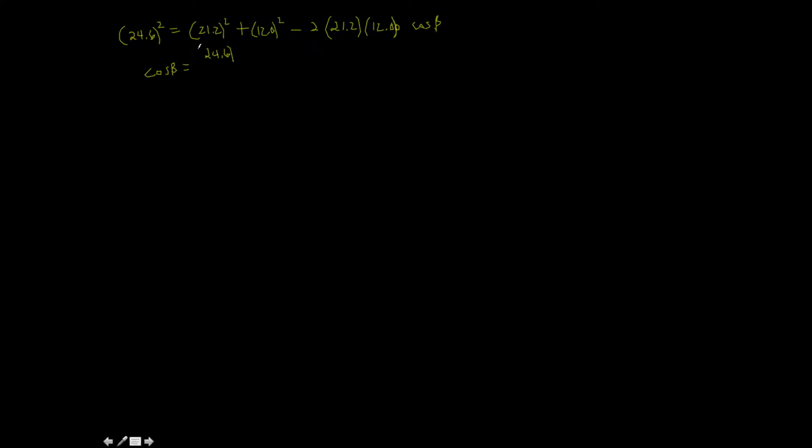24.6 squared minus 21.2 squared minus 12 squared, all over 2 times 21.2 times 12.